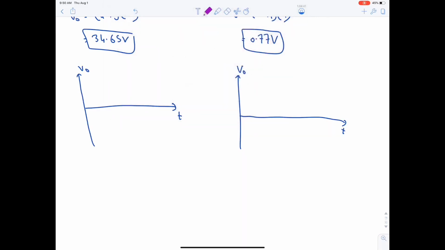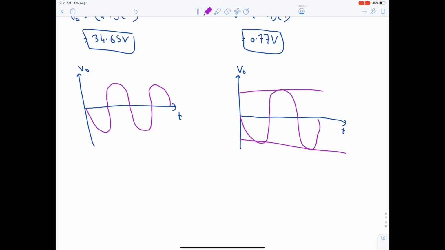So the graph will start from the bottom. Okay, the limit here is 0.7. This is just a sketch. Now the amplitude here has to be much smaller, but it's just a sketch. Here it's 34.65 minus 34.65.